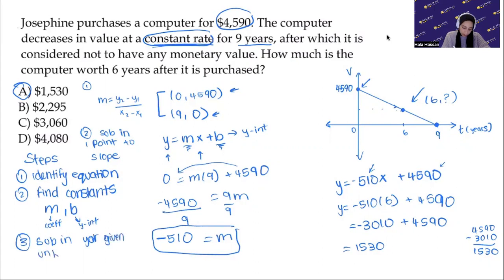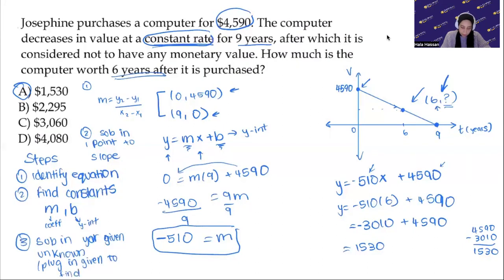unknown. Now I know that sounds weird, but here's the thing. You were given something and you're trying to find the related unknown to it. So over here, you had 6 and an unknown. You're going to plug in the 6. So over here, plug in given to find unknown.